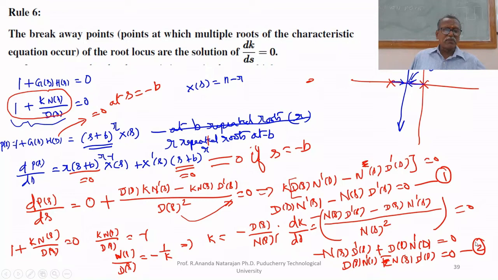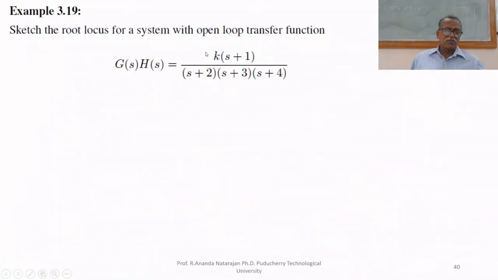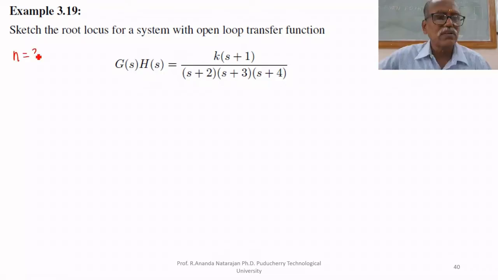So now we have 6 rules. This sum is sufficient to solve 6 rules. Another 2 rules we'll see later. So what is the root locus? For that we have to find the roots. N equal to 3, M equal to 1. So 3 root locus branches. 1 will end at 0.